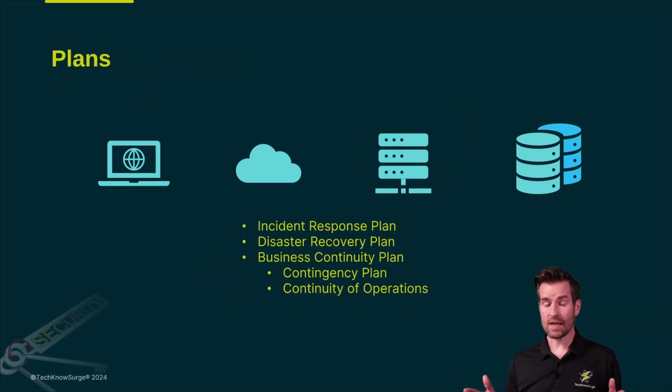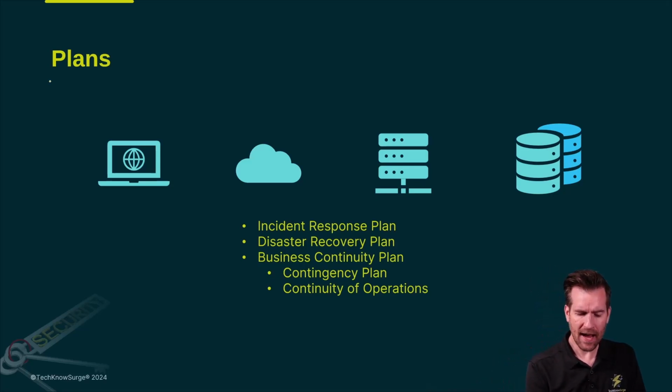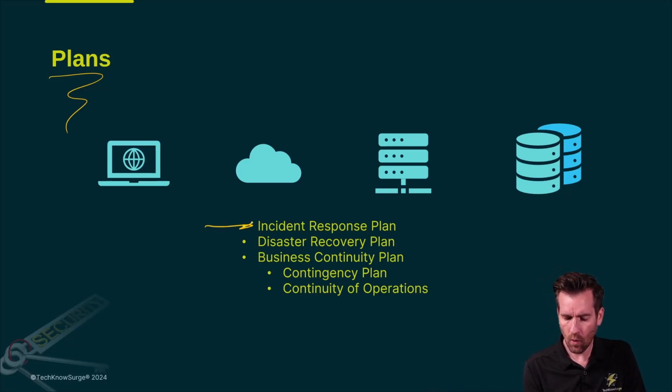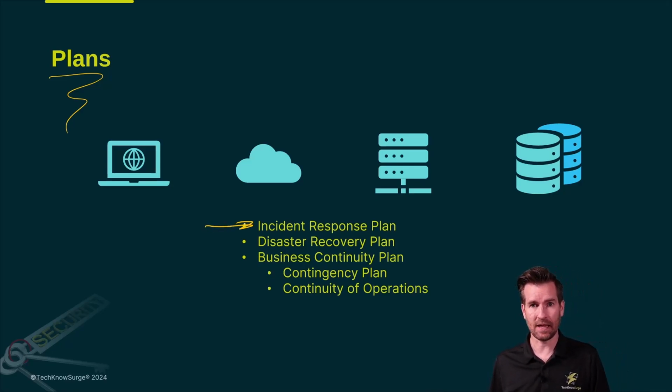So one way that we can limit the amount of downtime that we have and increase the amount of availability is by planning ahead of time and having certain plans in place. There are several different plans that we could put in place that could help us out. One of them is an incident response plan. An incident is when something happens.